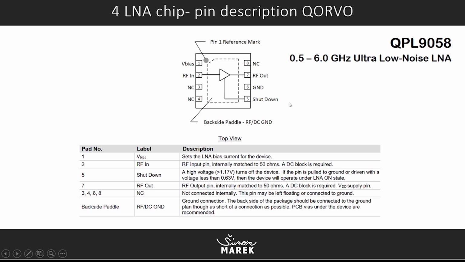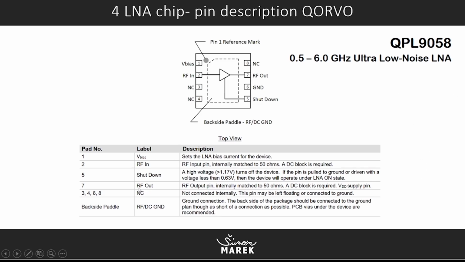You don't need to match it with external components. All you need is a DC block capacitor in series in the trace. There is a shutdown pin which requires DC voltage. You can control it with an MCU or any logic you wish.